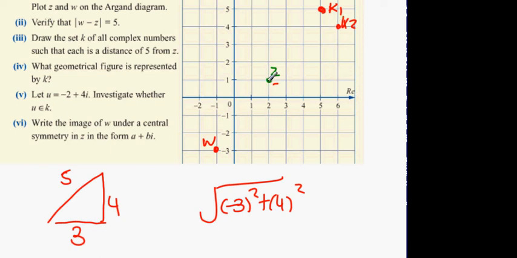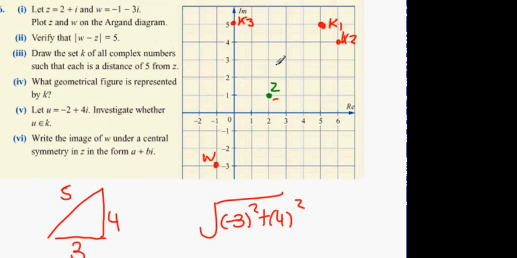What about this side? 3 across, 4 up. We could also go 5 directly up, couldn't we? 1, 2, 3, 4, 5. We could do it that way as well. We could also do 4 across, 3 up. So 1, 2, 3, 4.